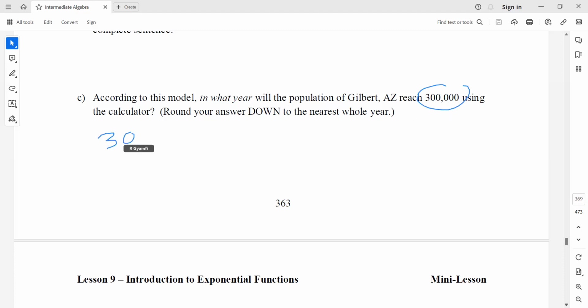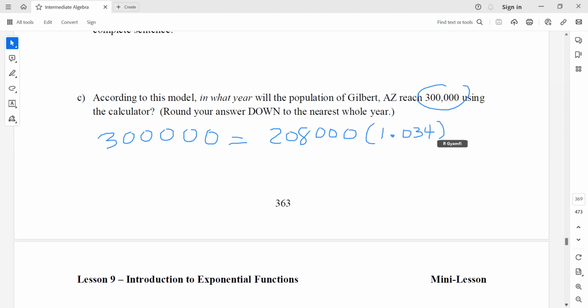So you're going to have 300,000 equals 208,000 times 1.034 to the power x. So if you go to the calculator, you have Y1, Y2. Remember, these are going to be big values, but let's try it. I'm going to try it with you.